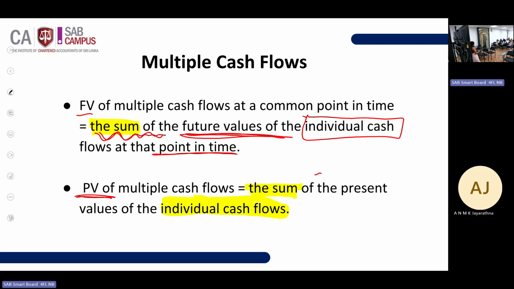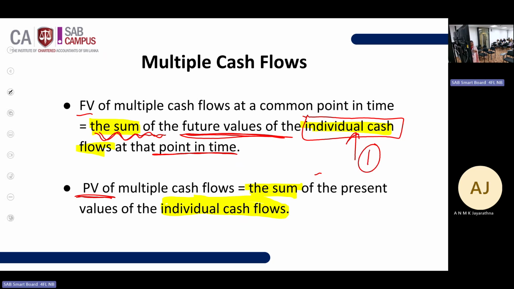So then accordingly, what should be the first step in calculating both present value and future value? What do you have to do first? Identify the individual cash flows, the individual future values.